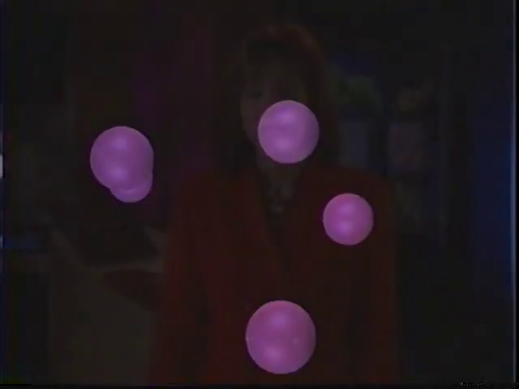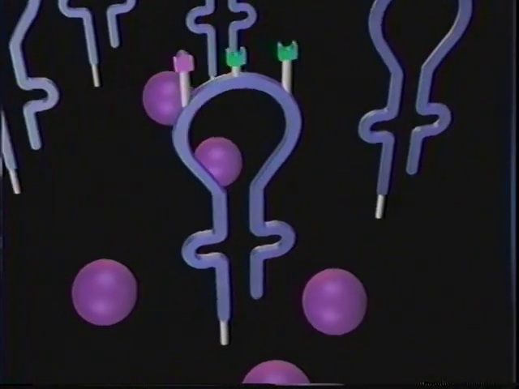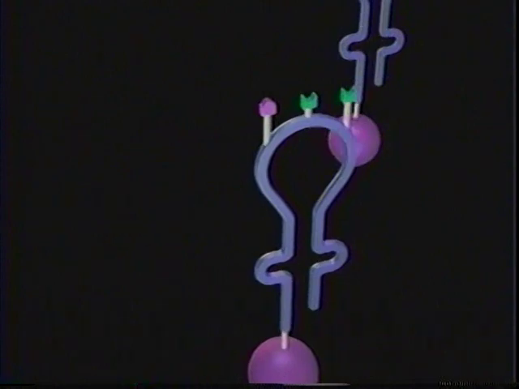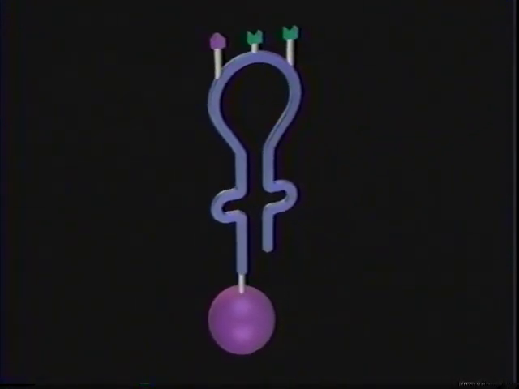Transfer RNAs continue to bring in amino acids in the order specified by the sequence of nucleotide bases in the mRNA. For each possible triplet combination, there is a specific tRNA that will bind to it. Amino acids floating in the cytoplasm are picked up by tRNA molecules and delivered to the ribosomes.